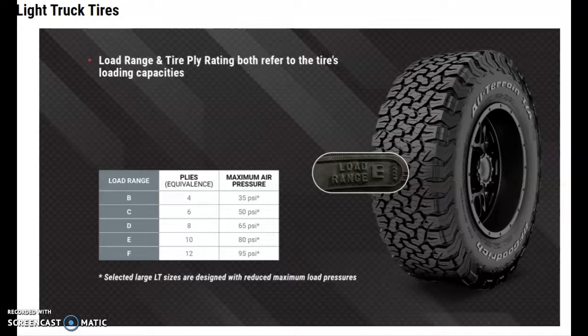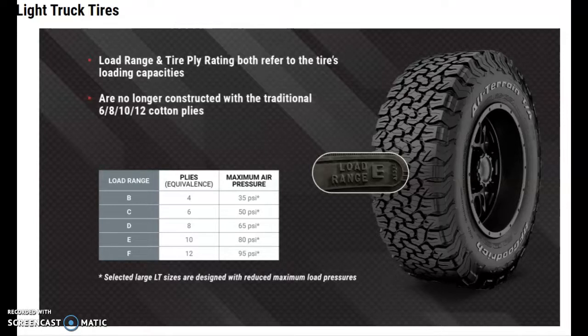In today's modern tires, plies are no longer made out of cotton. Modern tires are constructed using fewer and much stronger plies, so the term ply rating doesn't refer to the actual number of plies in the tire anymore. Light truck tires may be constructed with an extra casing ply, an extra belt, a stronger belt steel cord, and or a larger bead.